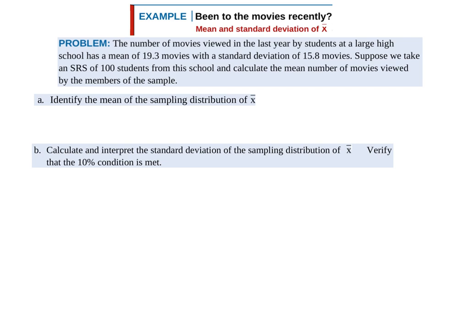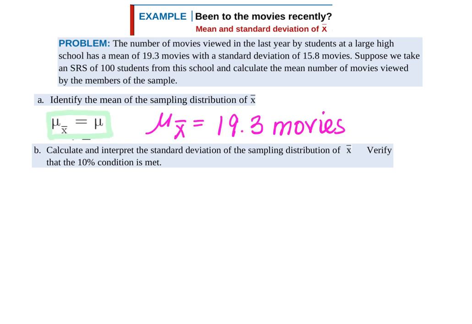First up, let's identify the mean of the sampling distribution of x bar. Well, if I take the equation from the last slide, that tells me that this mean is the same as this mean. So our mean of our sampling distribution is 19.3 movies. Next up, let's calculate and interpret the standard deviation of the sampling distribution of x bar. And of course, let's verify that the 10% condition is met.